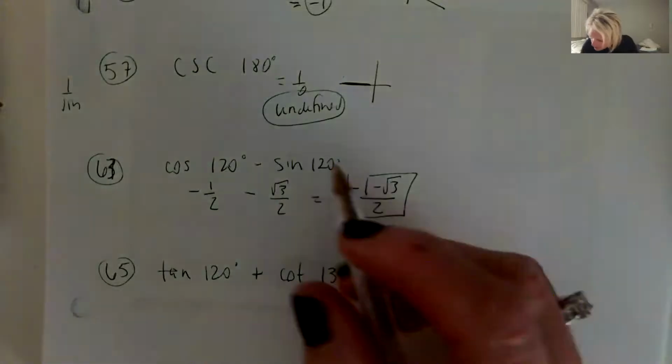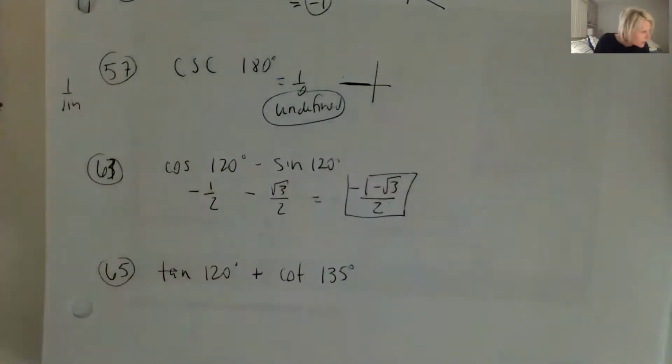Did I write that down correctly? Cosine of 120. Let me go back and look at it.